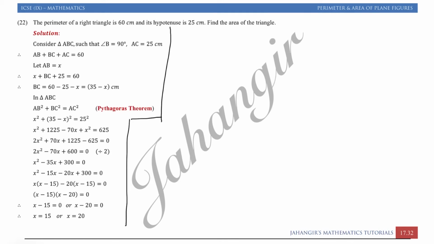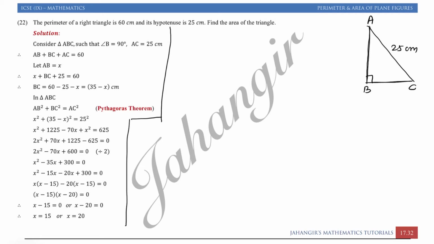Perimeter of a right angle triangle is 60 centimeter and hypotenuse is 25 centimeter. You have to find the area of the triangle. So we will consider one right angle triangle ABC such that angle B is 90 degree and AC is 25 centimeter.